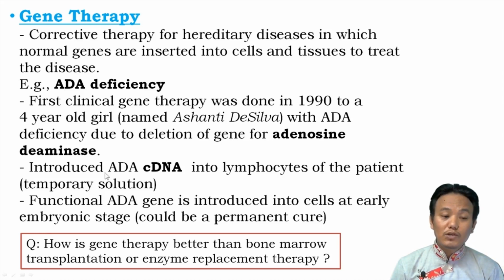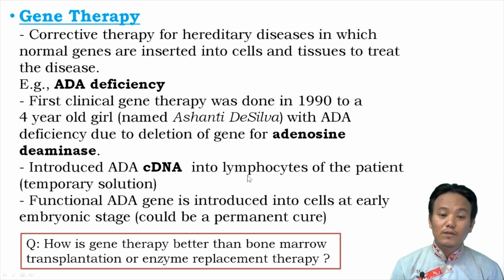In her treatment, doctors introduced ADA cDNA into the lymphocytes of Ashanti herself, and after that, the lymphocytes were injected back into the patient. Right? Thereby, these lymphocytes can produce adenosine deaminase, and she was treated.